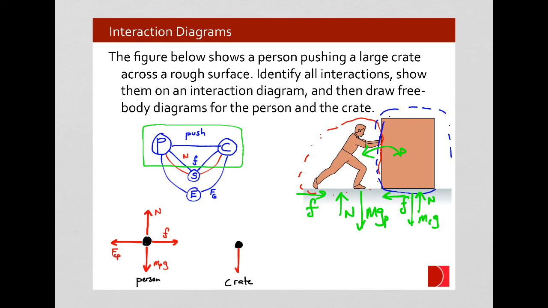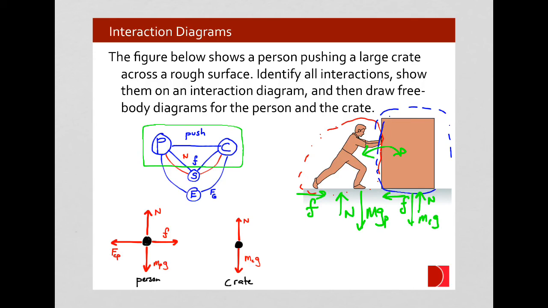Like before, we have gravity acting downwards. This is the mass of the crate times gravity. And a normal force upwards, balancing that gravity out.